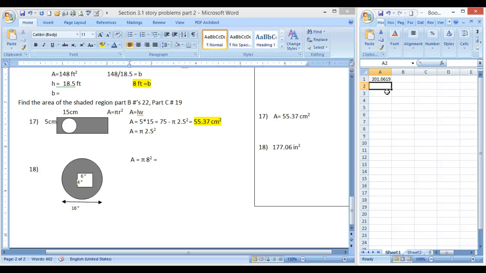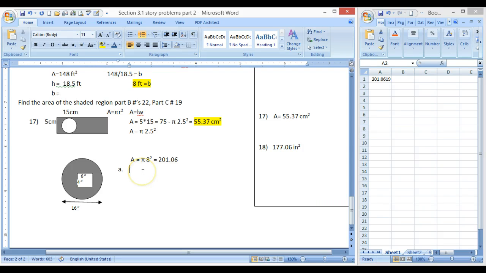And there we go, that's the area of the circle, and I'm going to write 201.06. Now I'm not going to round it to 0.06 because that's not quite as accurate as I need it to be.